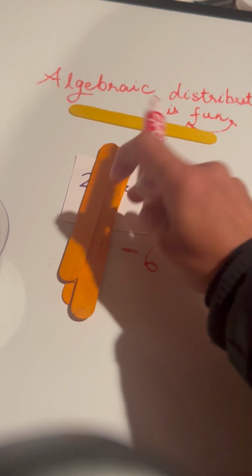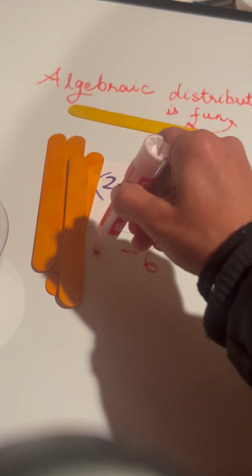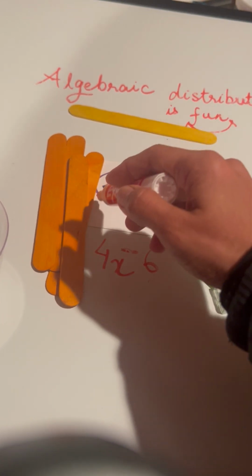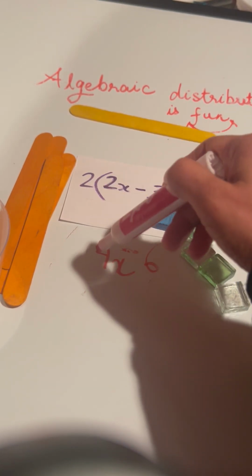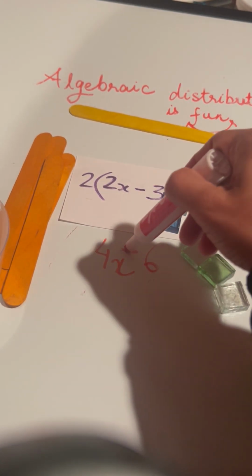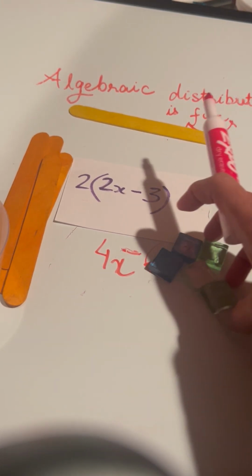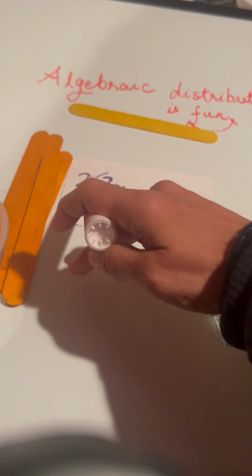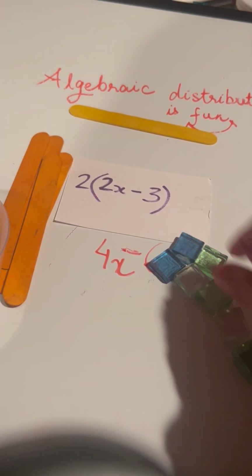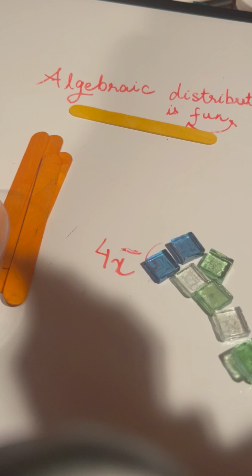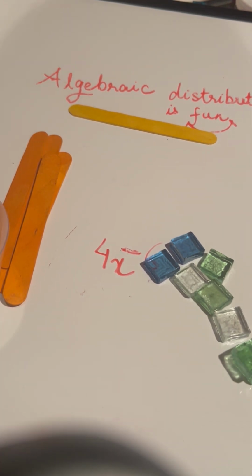These are 4 x's, so that goes in here. So if you see, it's 2 times 2, 4x, keep the sign, minus 2 times 3, 6, and that's what you have, 6 marble chips and 4 of these x's. So that was pretty straightforward. Let's move on to a different one now, okay?